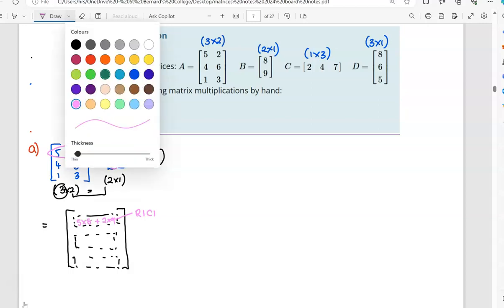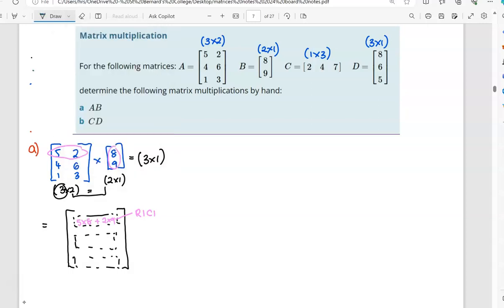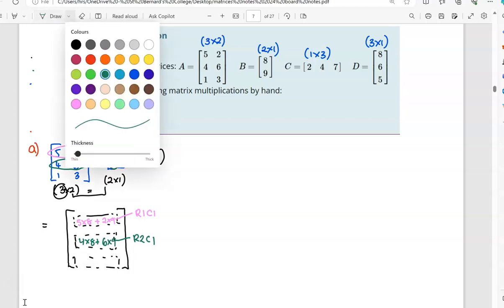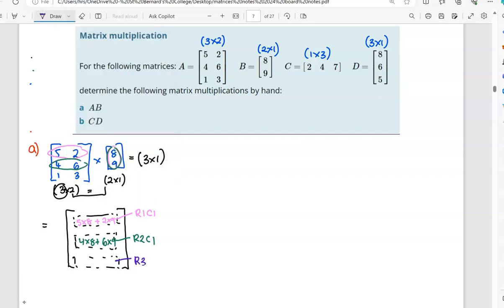And then the next one is row 2, column 1, so it's 4 times 8 plus 6 times 9. And then the last one is row 3, column 1, so it'd be row 3 with column 1. So 1 times 8 plus 3 times 9.